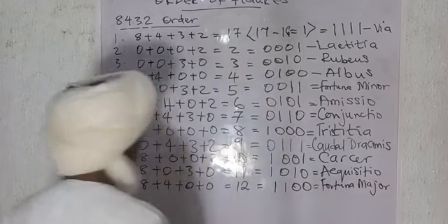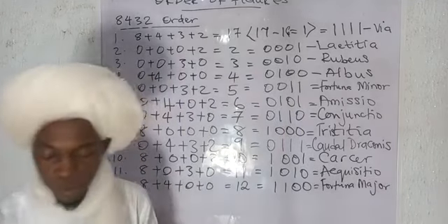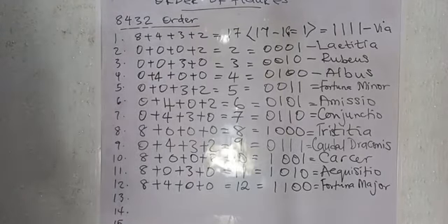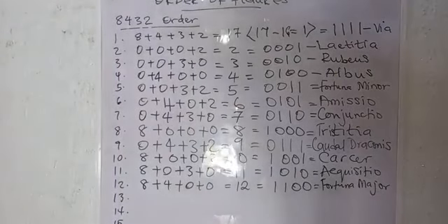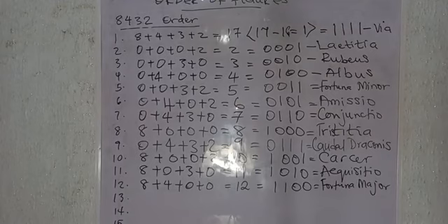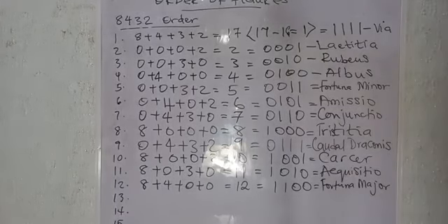Figure 13. What numbers will give us 13? Eight and 4 cannot give us 13.